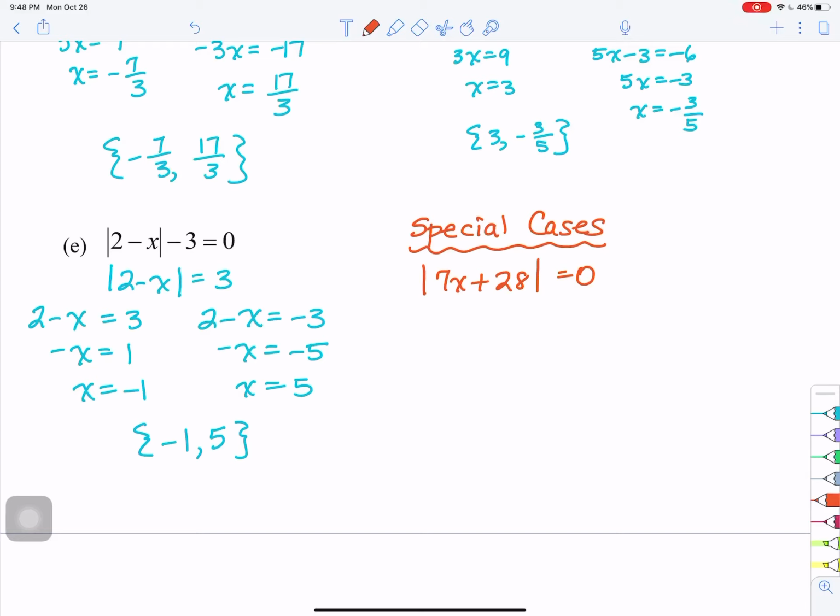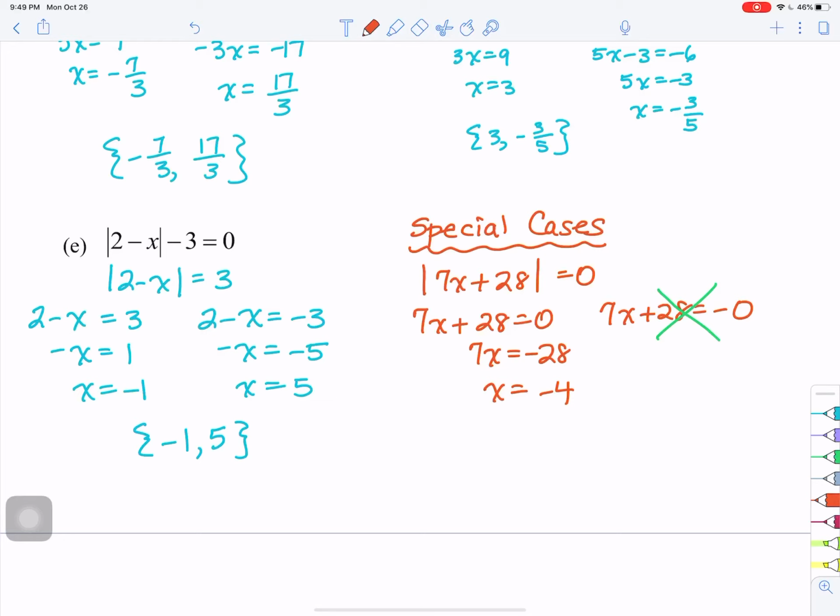Pause the video a moment if you need to write that down. So following the same rules, it must be that 7x plus 28 is equal to 0, or 7x plus 28 is equal to the opposite of 0. Well, there is no opposite of 0. I guess there is. The opposite of 0 is 0. So in this special case, we are only solving one equation, although we were solving an absolute value equation. Okay? So that's a really good example.